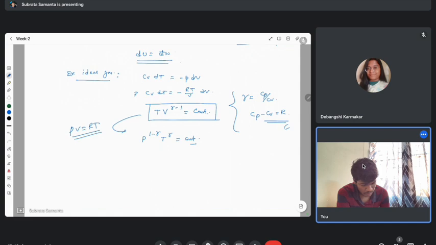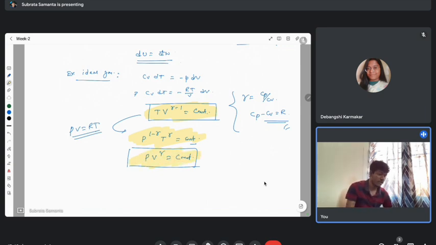Just replace V with RT by P, then we can relate P and T. Similarly, replacing T with PV by R, we get PV to the power gamma equals constant. So we can use any of these three forms for the adiabatic process, relating T with V, T with P, and P with V.